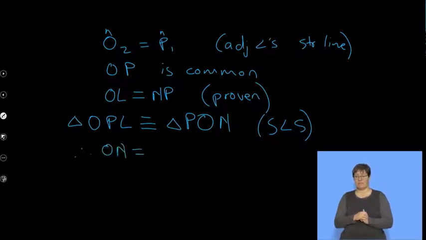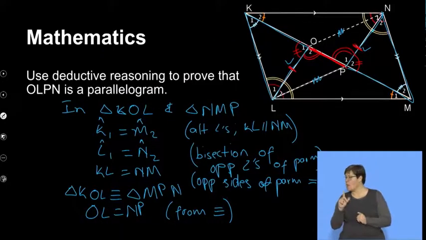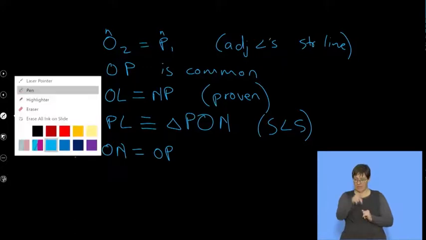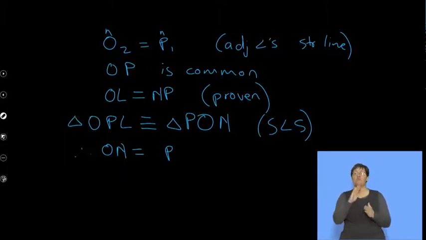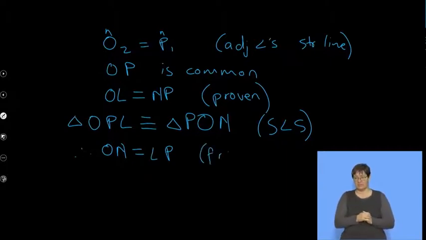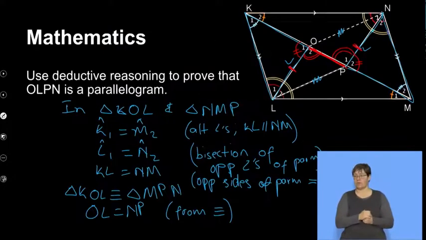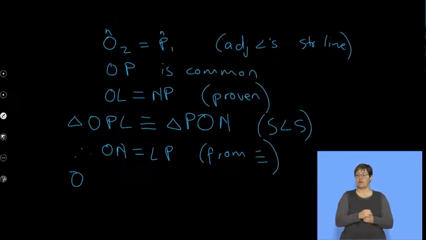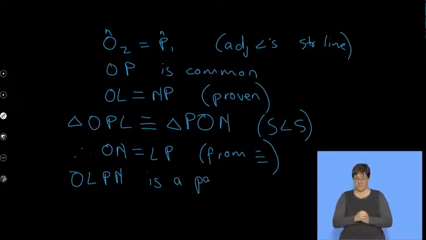ON is equal to OP, right? Is it OP or LP? ON is equal to LP, not OP, LP. Now, my reason for this will again be from congruency. Then as a result, I conclude, let's just go back, OLPN is a parallelogram.